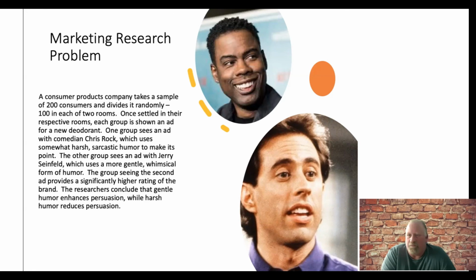Generally speaking, the people we recruited just prefer the type of humor that Seinfeld has, or the type of humor that Chris Rock has. It could also be that individuals just have a general preference for the person, Chris Rock versus Seinfeld, or vice versa, and as a result, that affects it.